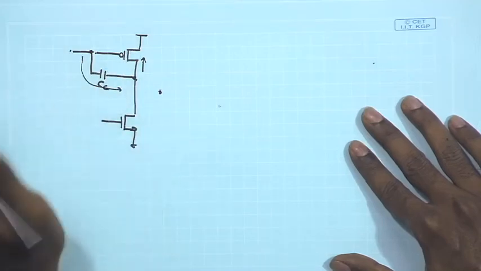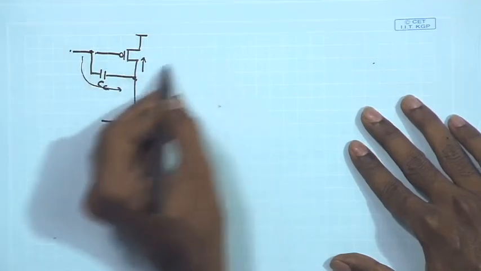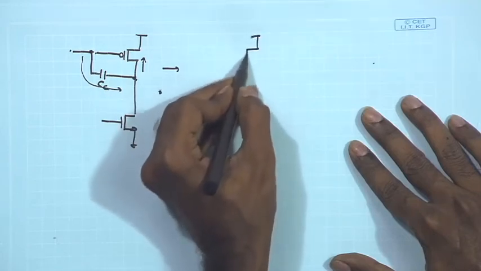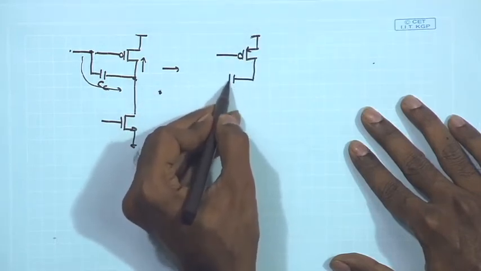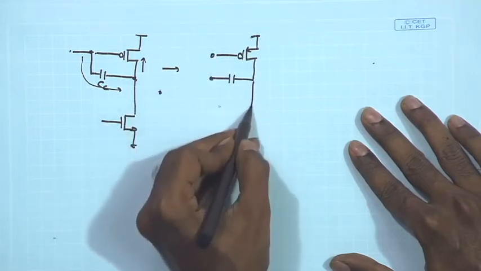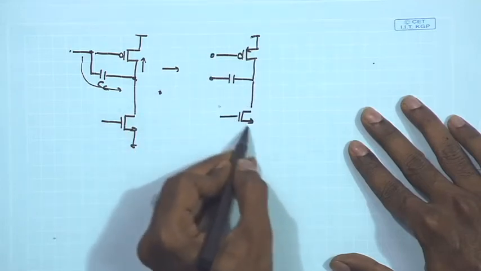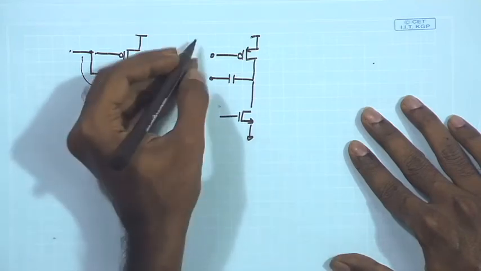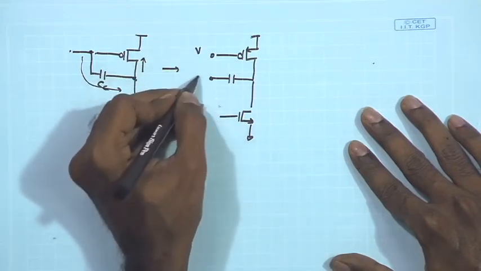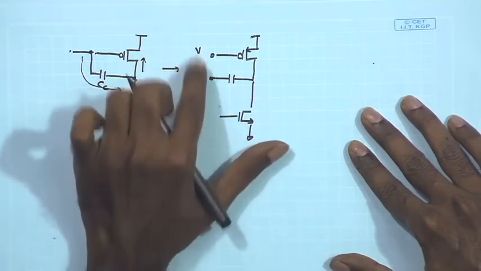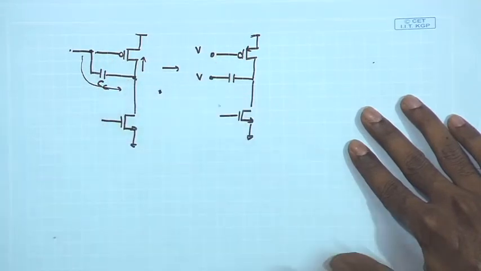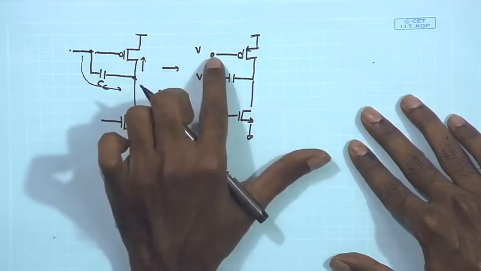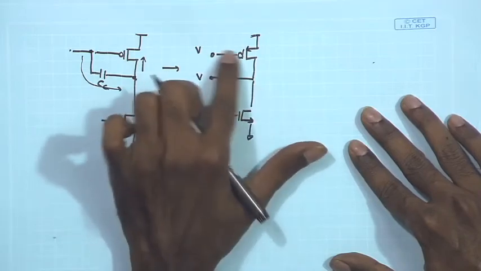Suppose I isolate these two and assume these are two independent signals being applied at the input of the second stage. Although they are the same signal, I am just disconnecting them and assuming that they are two different signals. From the input of the PMOS we have one path.